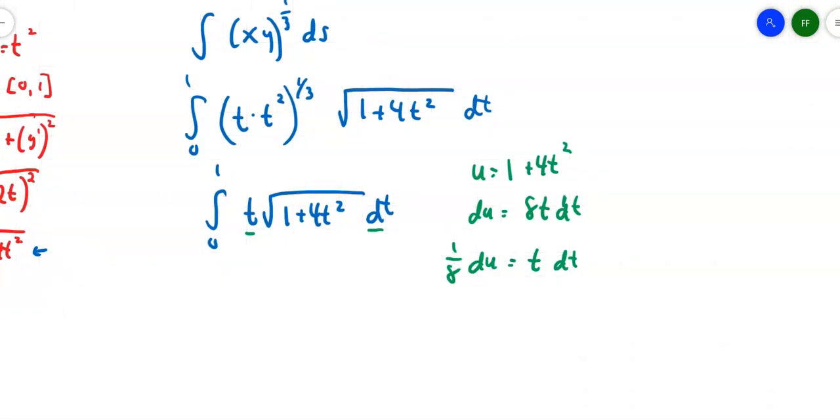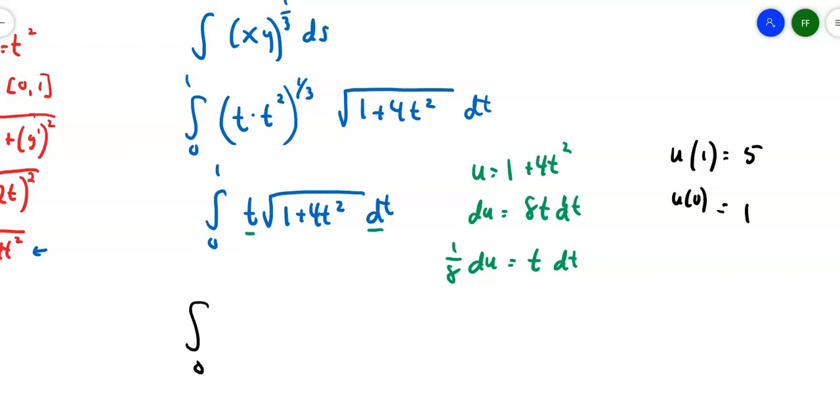u evaluated at 1 and u evaluated at 0 are my new limits of integration. So when I put a 1 in here, I get 5, right? 4 times 1 is 4, plus 1 is 5. When I put a 0 in there, I get a 1. All right, so this gives me the integral from 0 to 1.